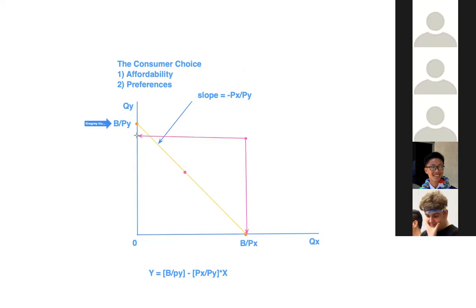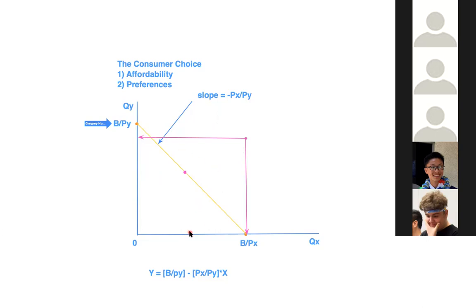It's typical in economics to refer to these points in the consumption space as consumption bundles. Is that language okay? If I say this is a bundle of X and Y, and this is a bundle of X and Y, that makes sense.